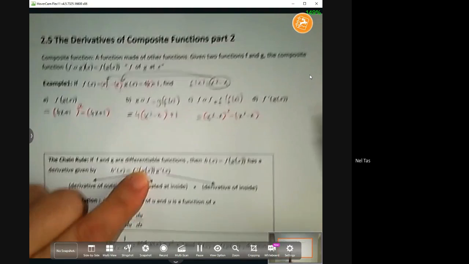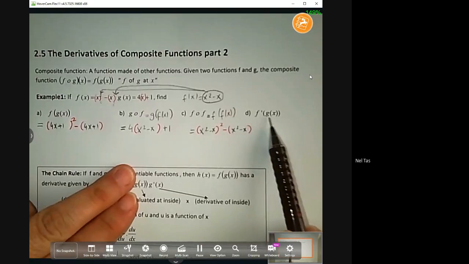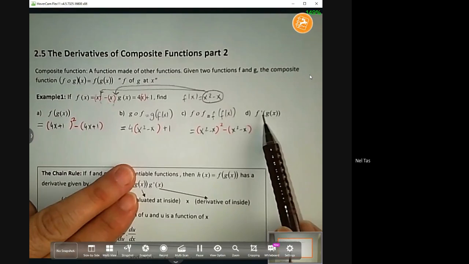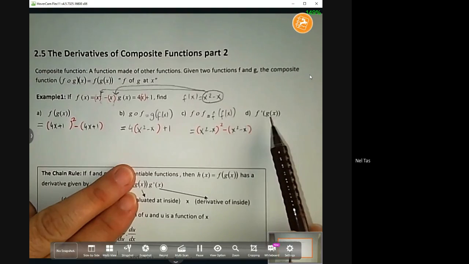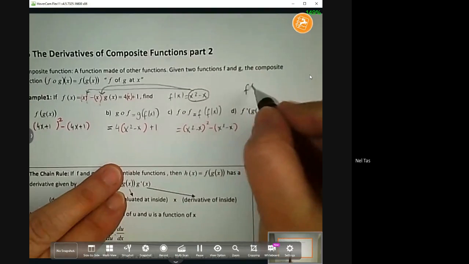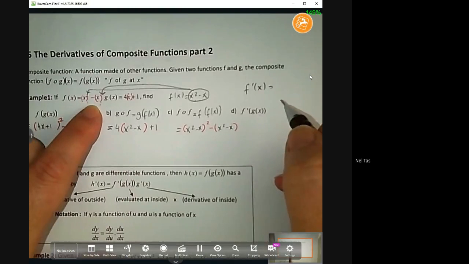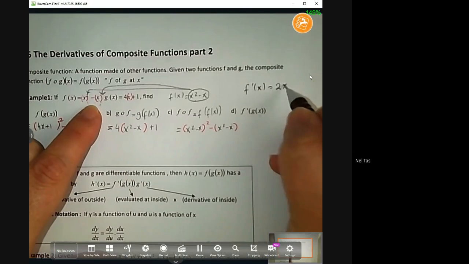All right, so the next one is f prime of g of x. We need to take f prime and replace the x's in f prime by g of x. f is x squared minus x, so the derivative of it is 2x minus 1.